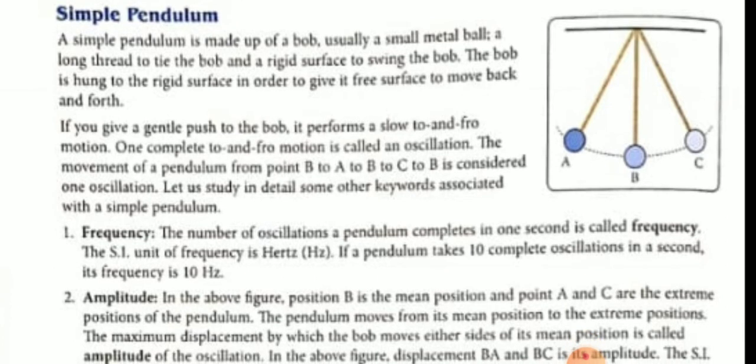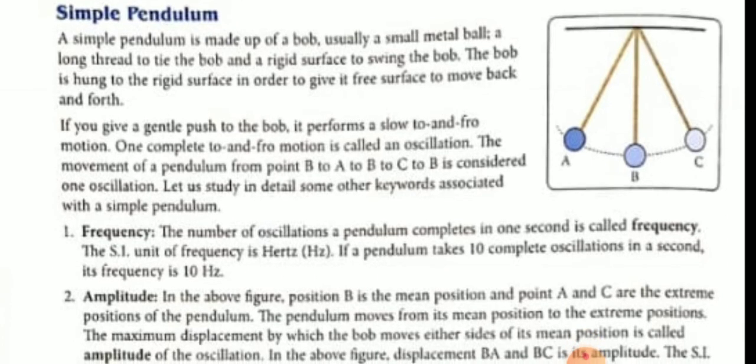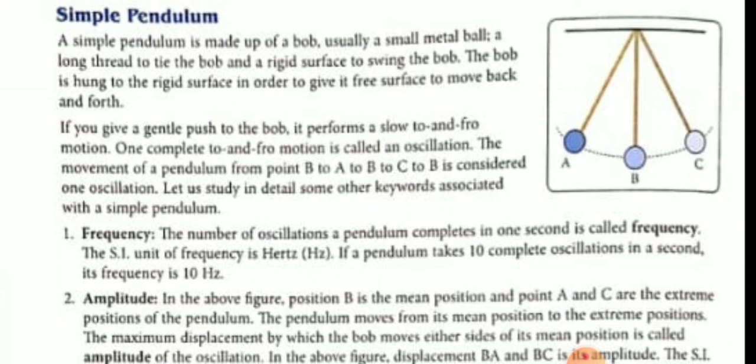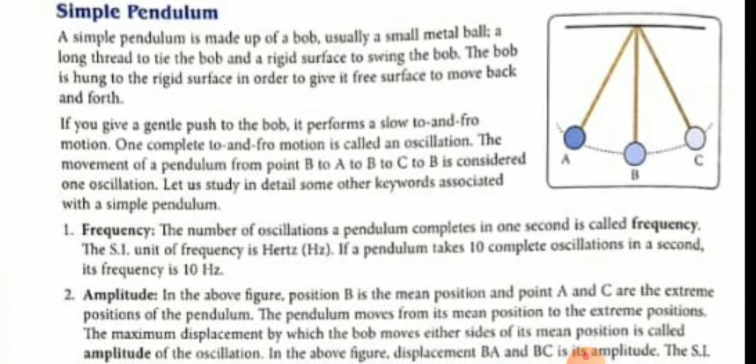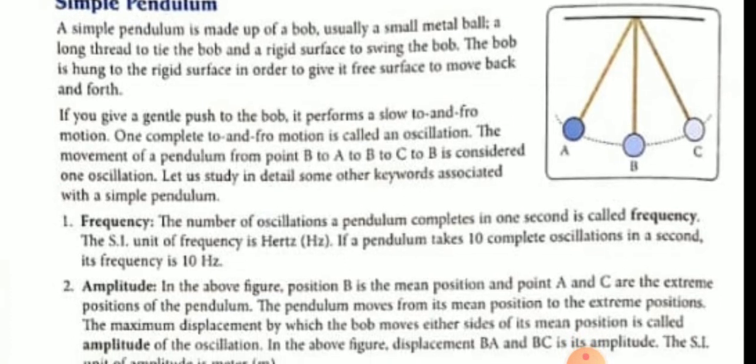A simple pendulum is made up of a bob, usually a small metal ball tied with a long thread, and the bob is hung from a rigid surface, which moves back and forth.